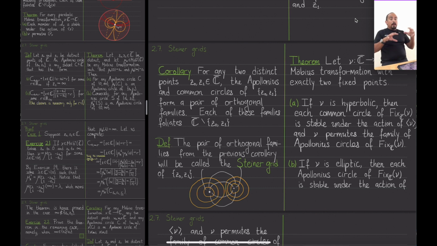Now again, nu being hyperbolic, let's go to the homothety, and then each circle centered at infinity is mapped to another circle centered at infinity. Well, centered at 0 as well. So this means that the family of Apollonius circles is permuted, and it's permuted in only one direction.